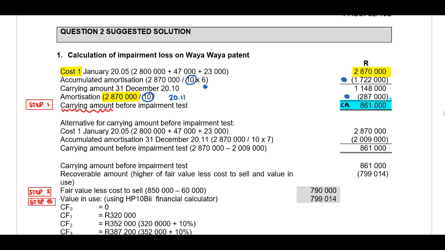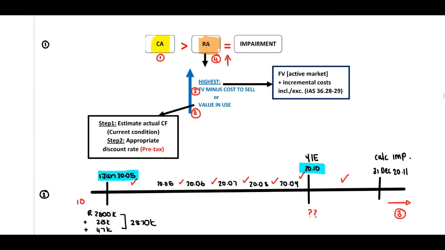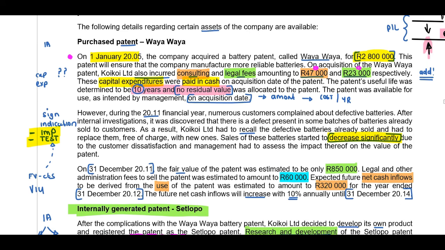When you look at our principles, remember, we now need to calculate our fair value less cost to sell. Therefore, if we look at the information, the middle paragraph is just a bit of background in terms of the indication. Third paragraph. On 31 December 2011, the fair value of the patent was estimated to be 850,000 minus our 60,000.